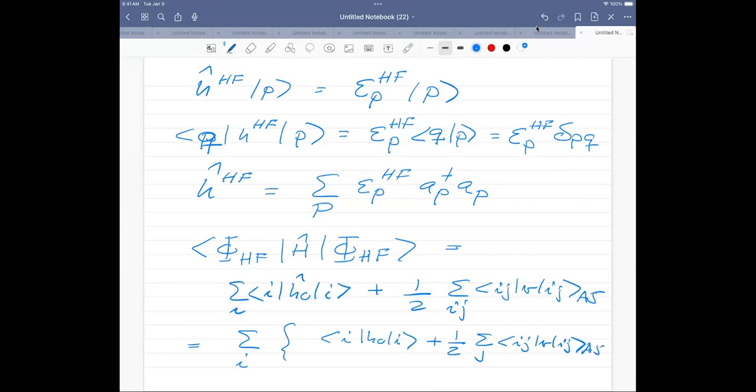But now what I can do is add and subtract a term: a sum over j of ⟨ij|V|ij⟩, and then minus 1/2. So I'm just adding and subtracting, I can always do that. So the last two terms are just me inserting 0.